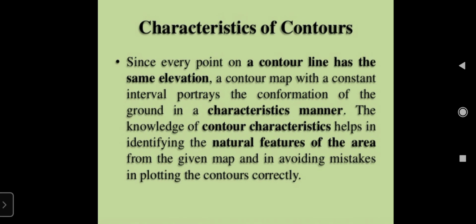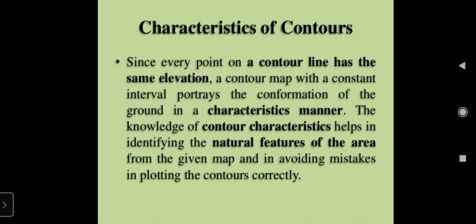Characteristics of the contour, what are the characteristics? Since every point on a contour line has the same elevation, a contour map with a constant interval portrays the conformation of the ground in a characteristic manner.